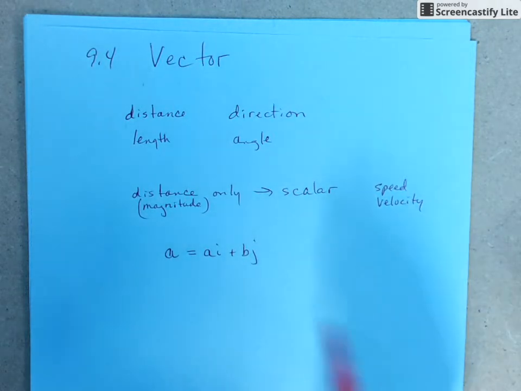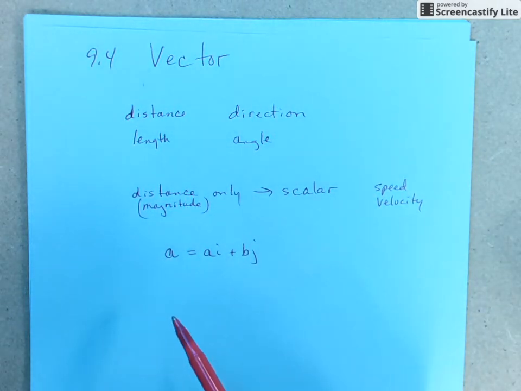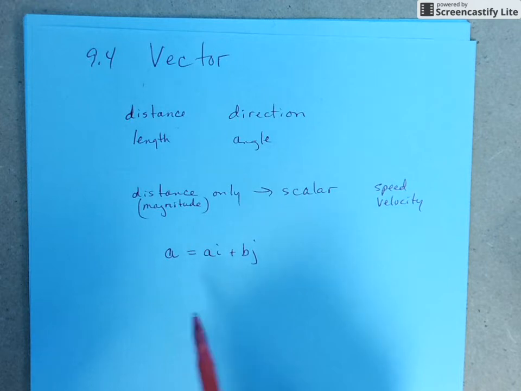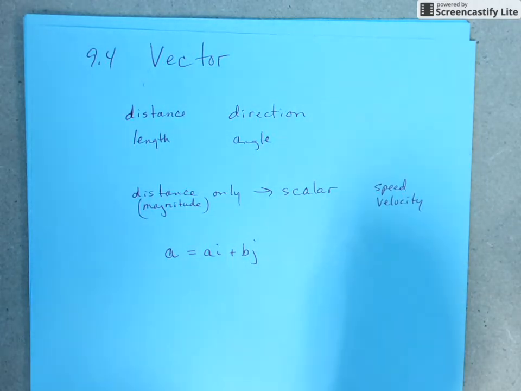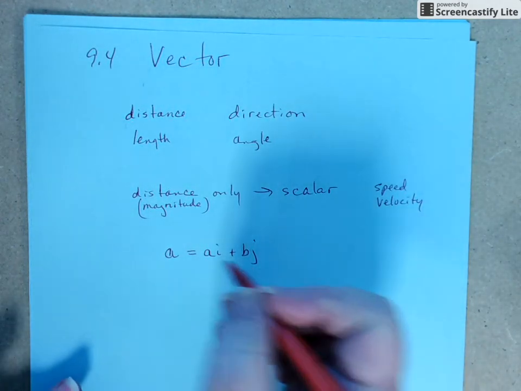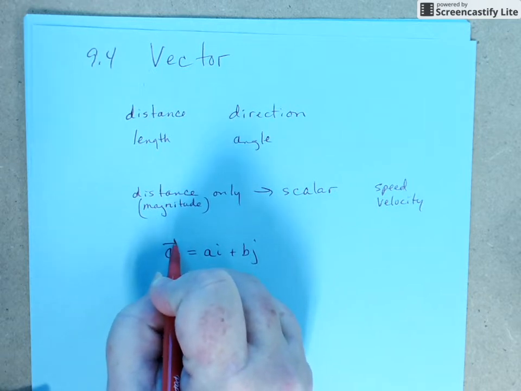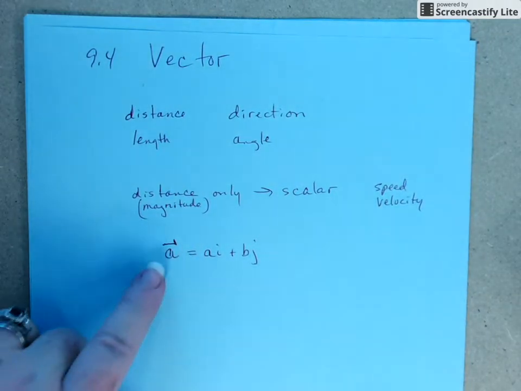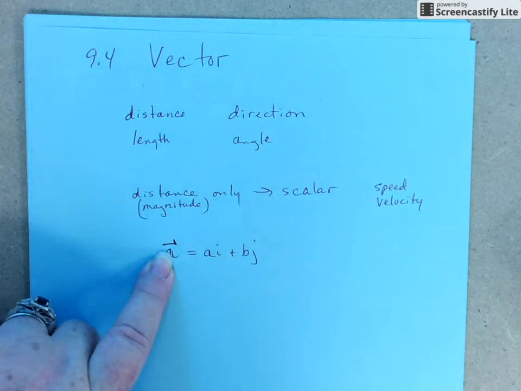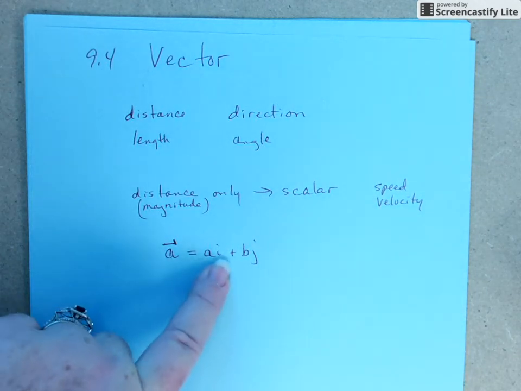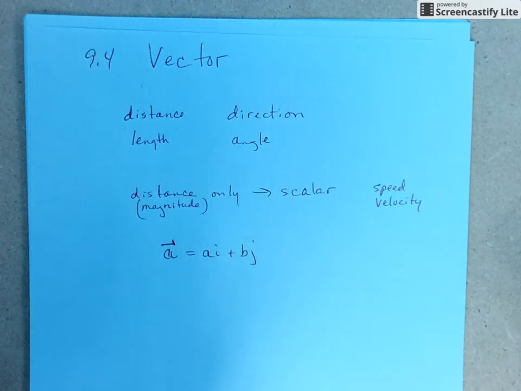And this is not i as in imaginary numbers, okay? But when we talk about this, i is going to be basically the direction to the right or left, and j is going to be the direction up or down. So make sure when you have the vector notation here, it's marked with this little sort of half arrow looking thing right here. That's vector A is ai plus bj.